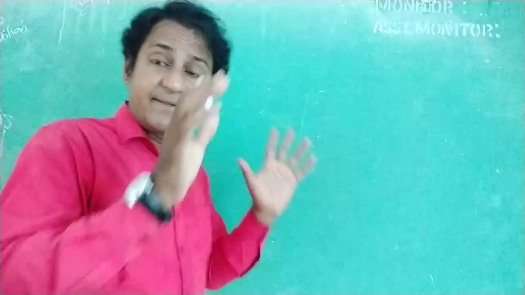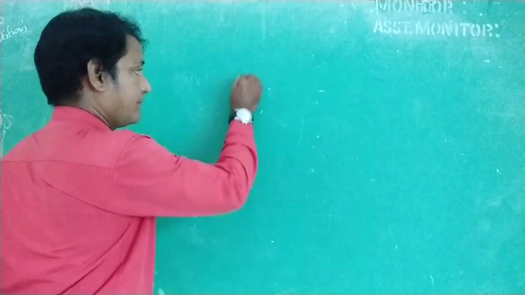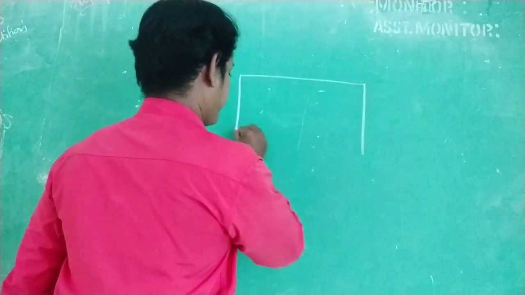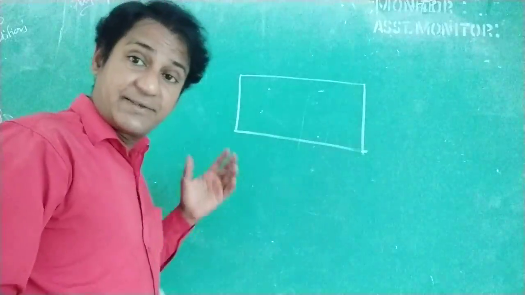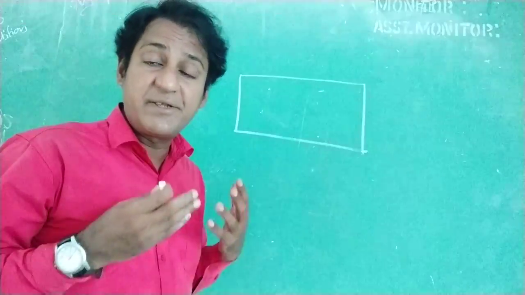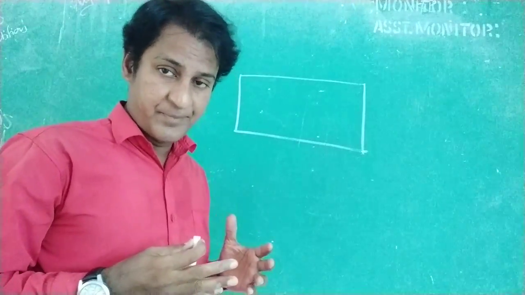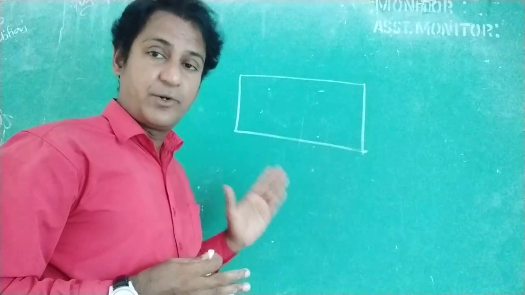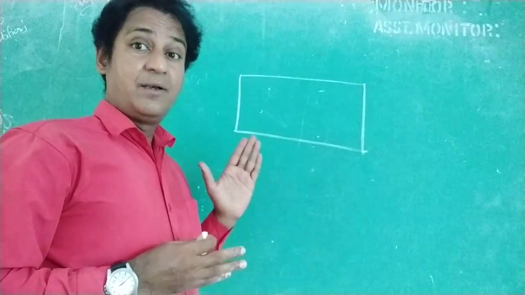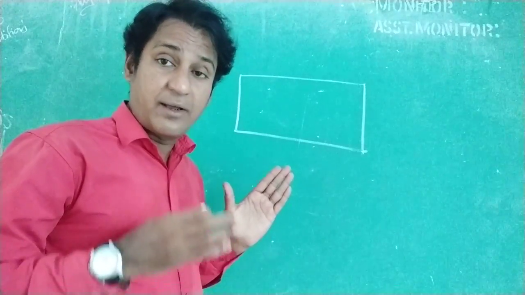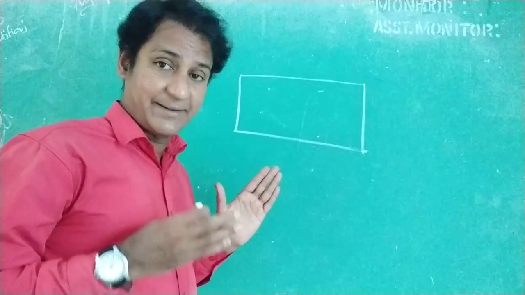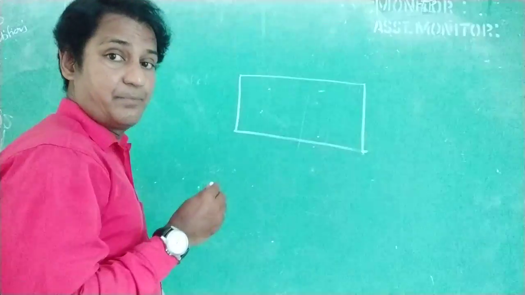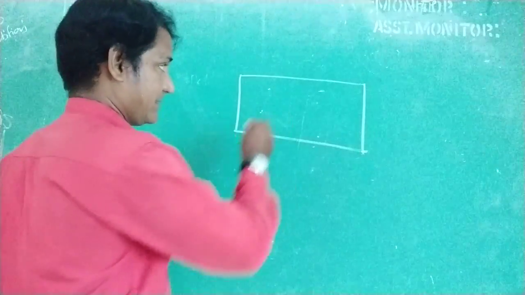When I take a semiconductor crystal, consider this is a semiconductor crystal, whether it can be germanium or silicon. If one side of this crystal is doped with trivalent atoms or acceptor impurity atoms, then it becomes the P region.